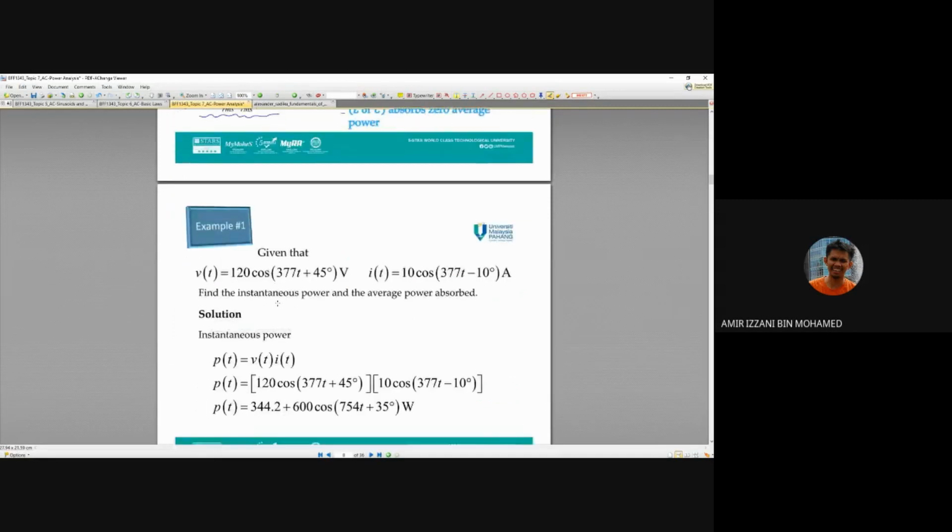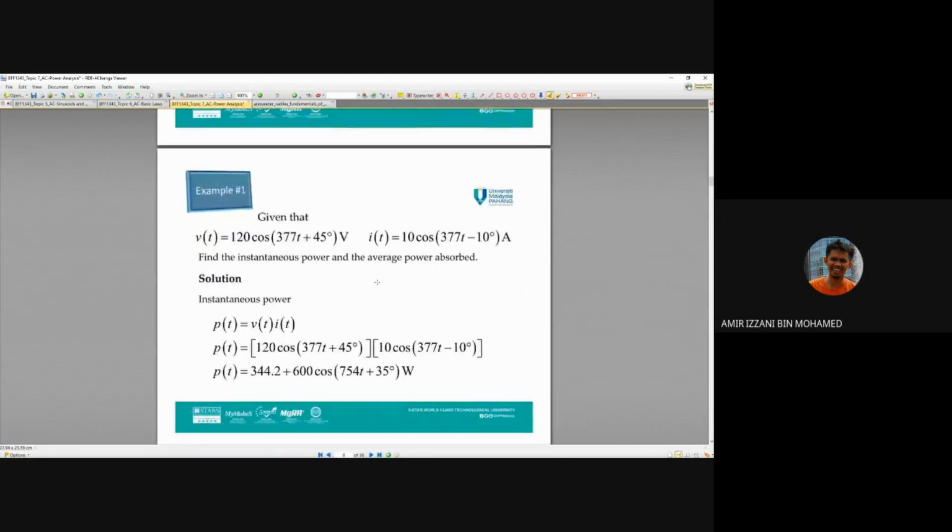Okay, let's take a look at this example. We have the voltage and current equations here. Identify the phase shifts, theta V and theta I. Then find the instantaneous power and the average absorbed power.